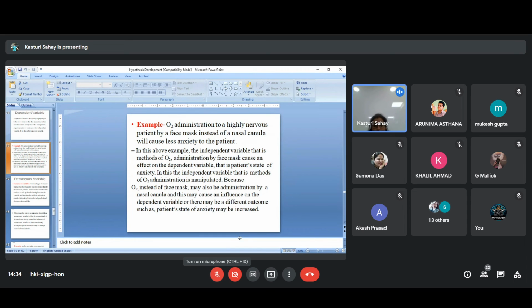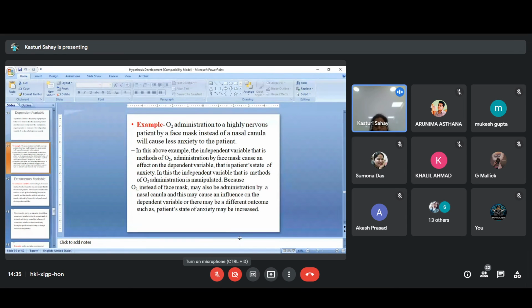In this example, the independent variable, that is the method of O2 administration, that is by face mask, causes an effect on the dependent variable, that is the patient's state of anxiety. In this, the independent variable, the method of O2 administration, is manipulated because O2 instead of face mask may also be administered by a nasal cannula, and this may cause an influence on the dependent variable, or there may be a different outcome, such as the patient's state of anxiety may be increased.